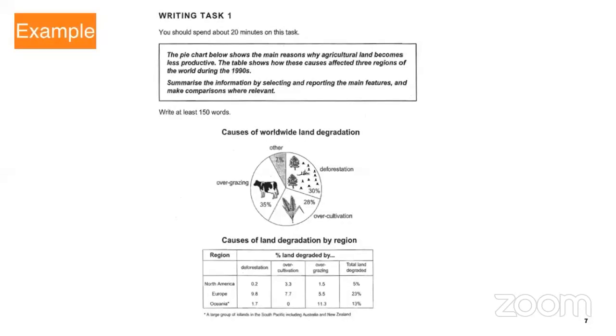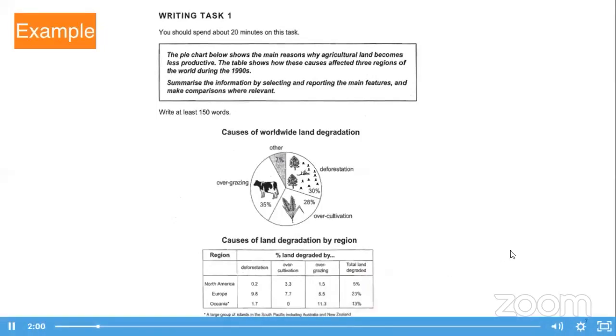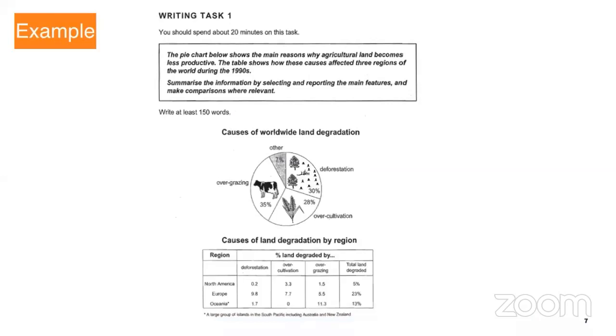So here's an example, and this is how it will look in the exam. It gives you the timing. You should spend about 20 minutes on this task, so that's a good reminder for you. Then you've got the question. The pie chart below shows the main reasons why agricultural land becomes less productive.